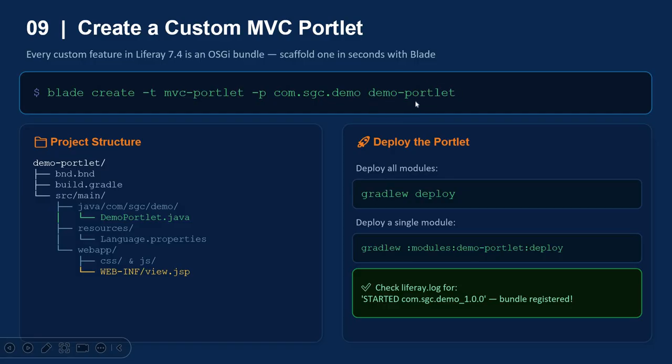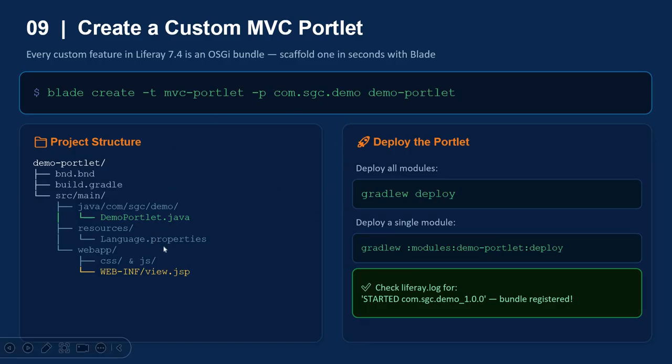Let's suppose you are developing a customer support portlet, you have to give the name customer-support-portlet, right? So that it is specific to the module you are developing, and it will be understandable by other developers who are going to work on it in future.